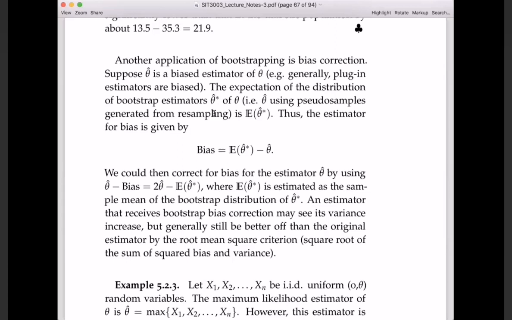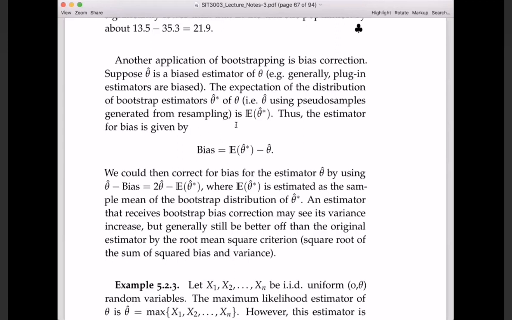So generally, this method works as follows. Usually, you might want to estimate some parameter very directly using just the plug-in estimator. Plug-in estimator simply means that you use the sample version, with no other correction, so you don't do any theoretical work.